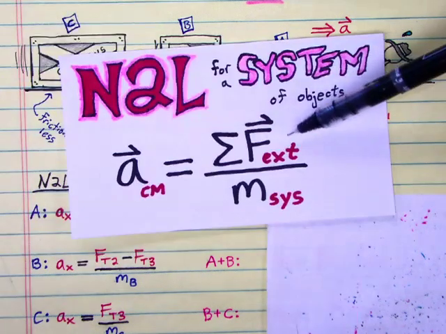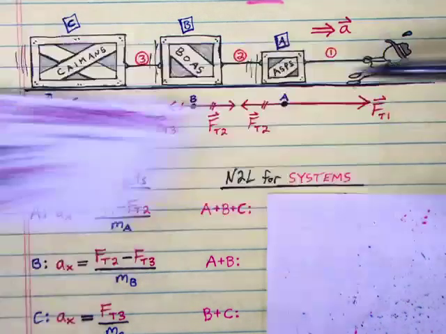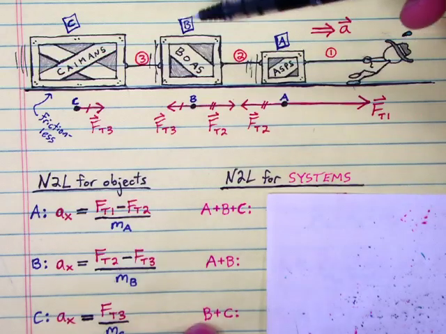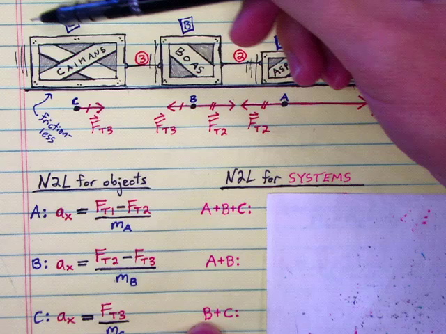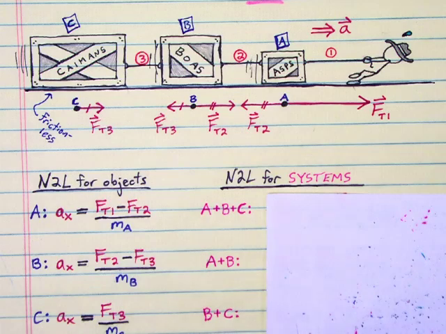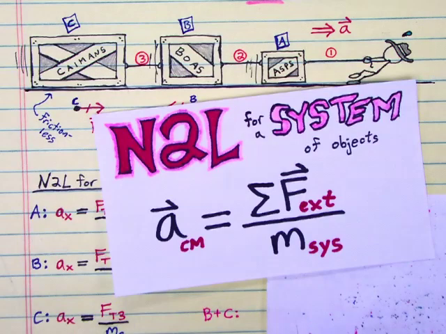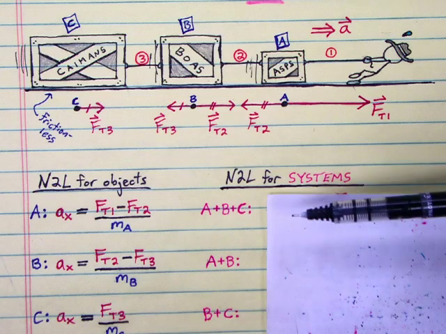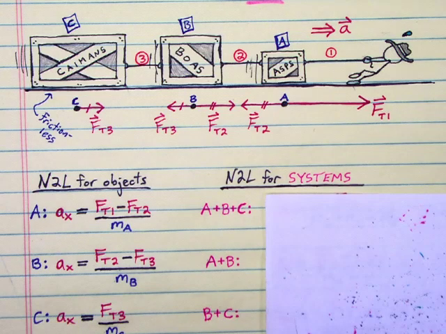And what would be the form of Newton's second law if A and B were the system? And then what if B and C were the system? If this were our system here, what would N2L look like for that? So pause the video, use what you know about N2L for systems to write out that equation for these three choices of system. Ready? Here's what I've got.